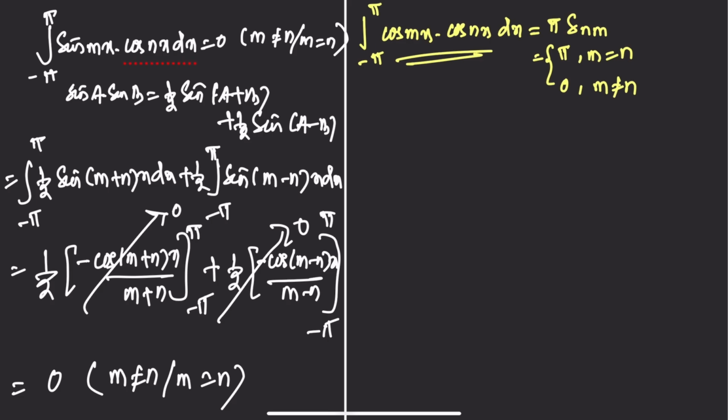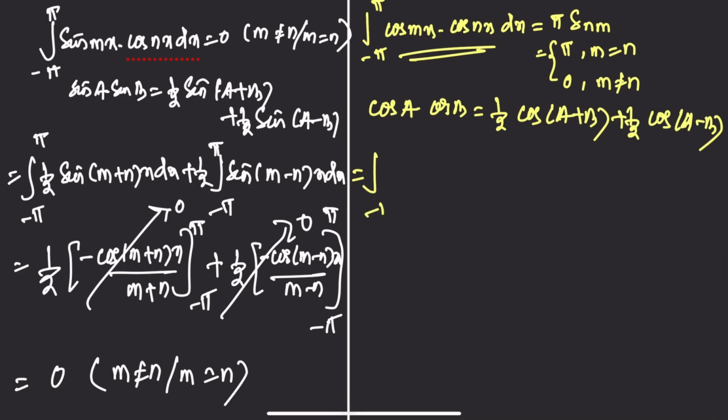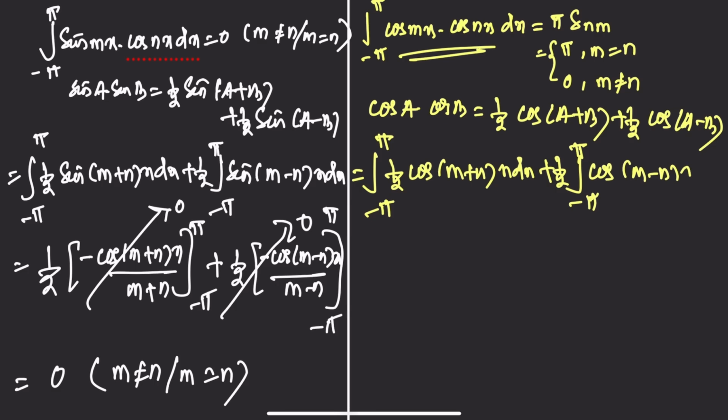Okay, to prove this integration, we use the trigonometric formula cos a cos b equals half of cos (a plus b) plus half of cos (a minus b). So the integration becomes integral from minus pi to pi of half of cos (m plus n)x dx plus half of cos (m minus n)x dx.